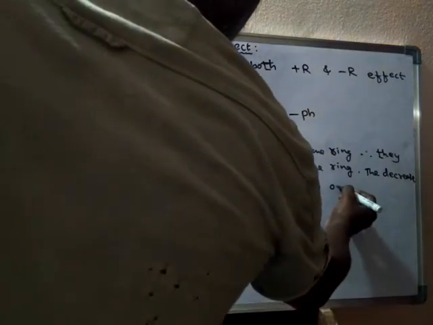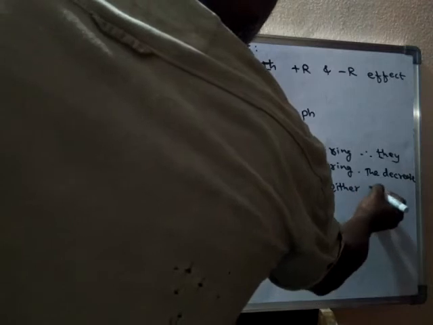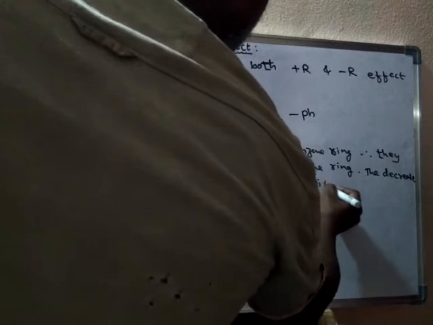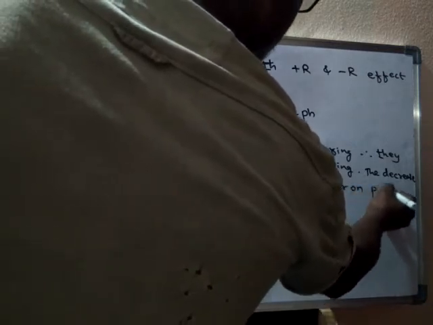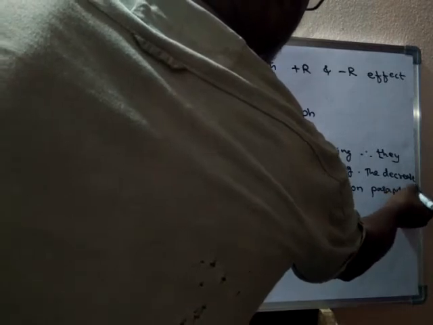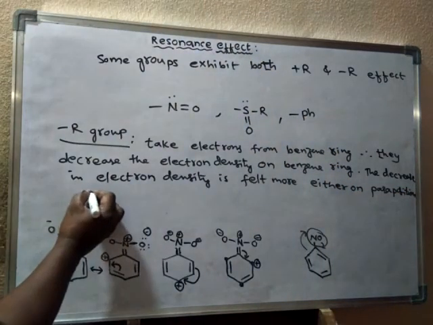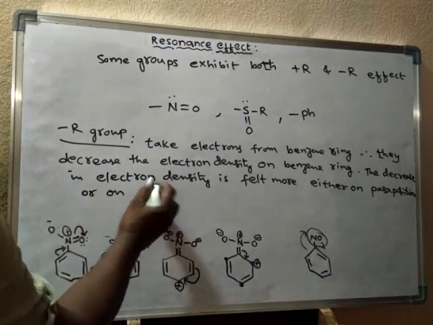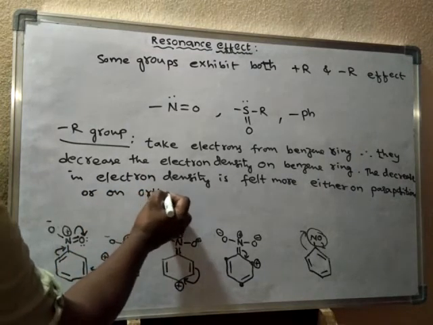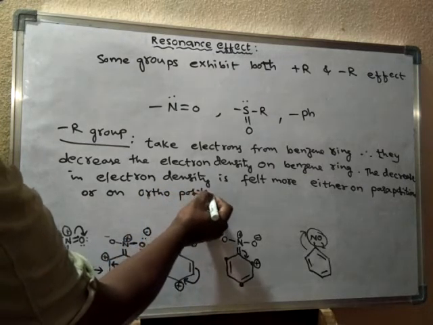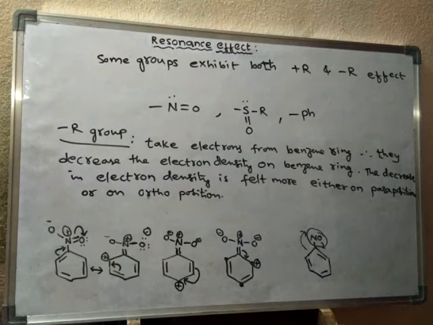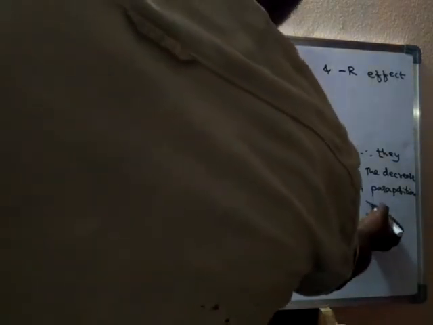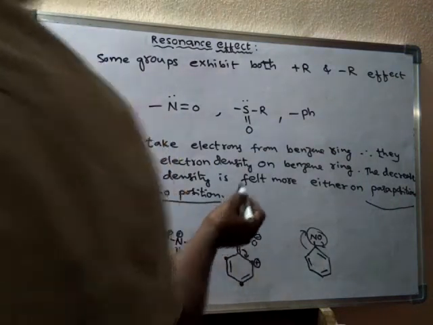So the electron density is decreased particularly on the para position or the ortho position of the benzene ring.